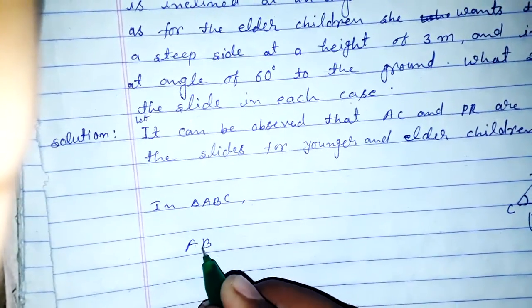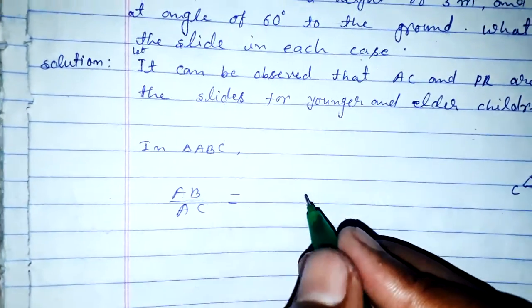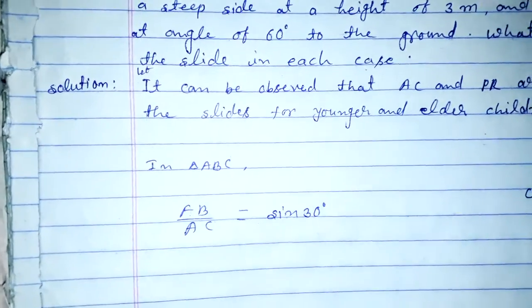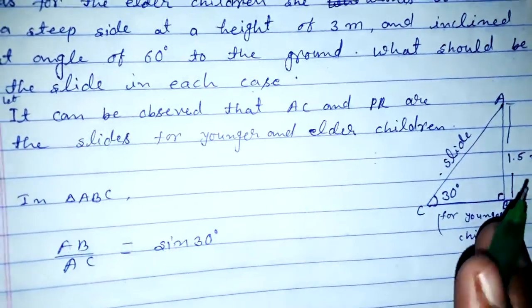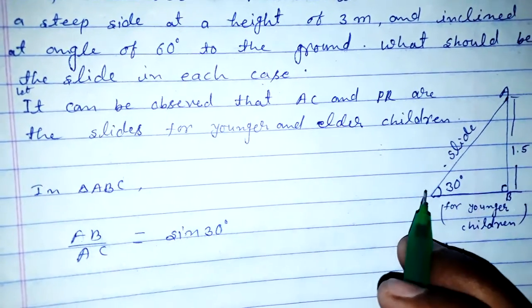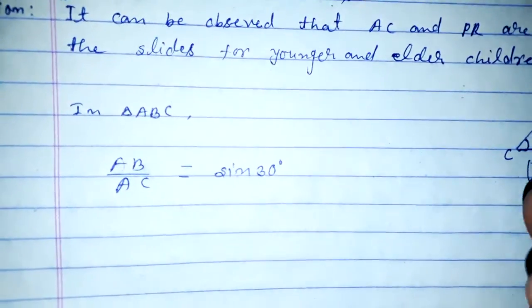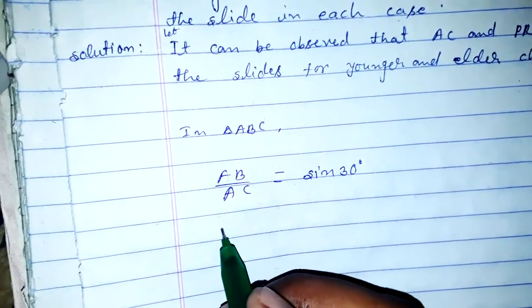So AB upon AC, this ratio is called sine 30 degree, because this is the opposite side of angle 30 and this is the hypotenuse, so this ratio is called sine. What is the AB?